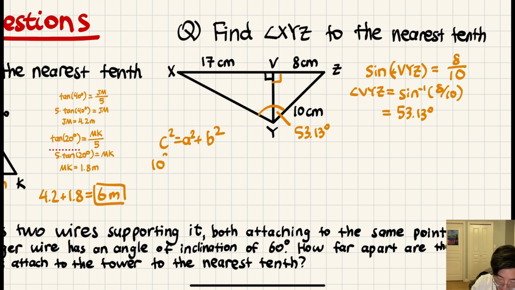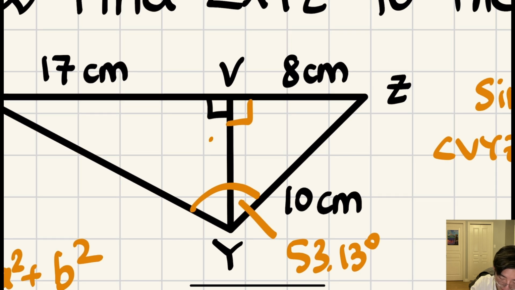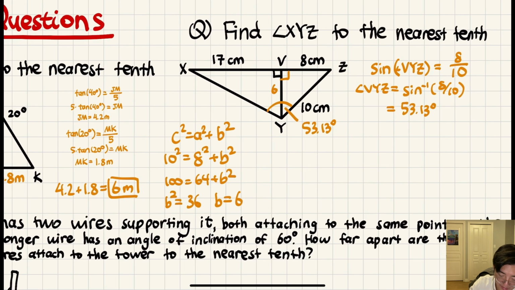The c squared is the hypotenuse, which is 10 squared, equals a squared, which is 8 squared, plus b squared. That's the length we don't know. So it's 100 equals 64 plus b squared. B squared equals 36. And all we have to do is square root both sides. So b is 6. So this side length in the middle is 6 centimeters.